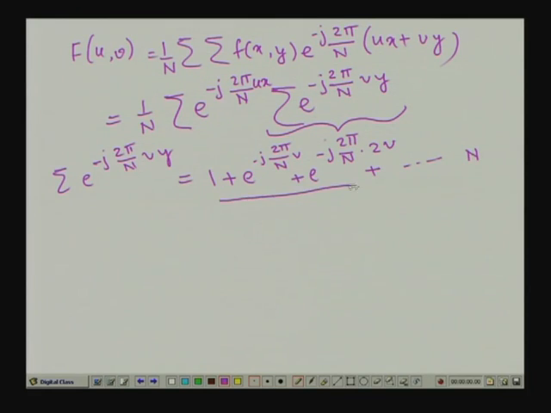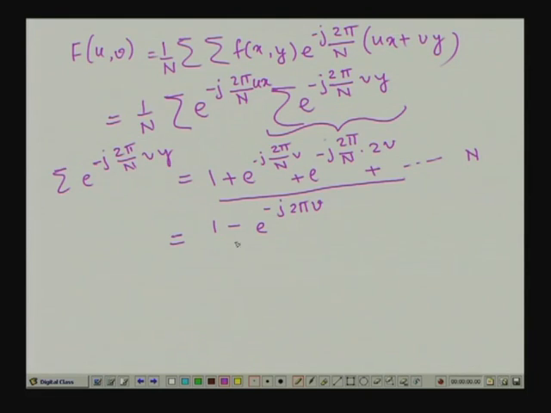And if you look at this particular series, it is nothing but a GP series having capital N number of terms.